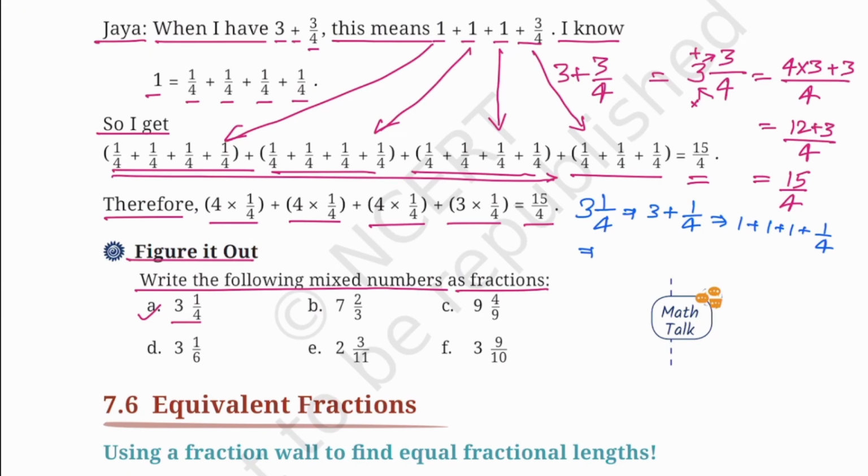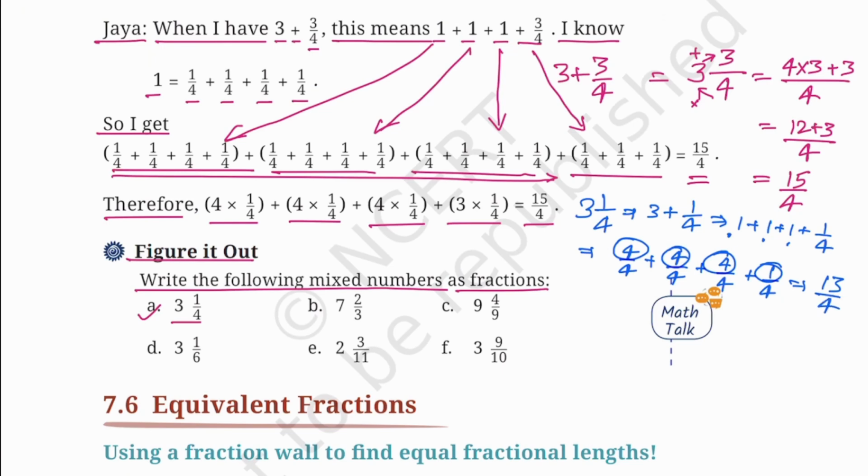So, you can write this as 4 upon 4, 4 upon 4, 4 upon 4 and 1 upon 4. When added will give you 4, 8, 12 and 1, 13, 13 upon 4.